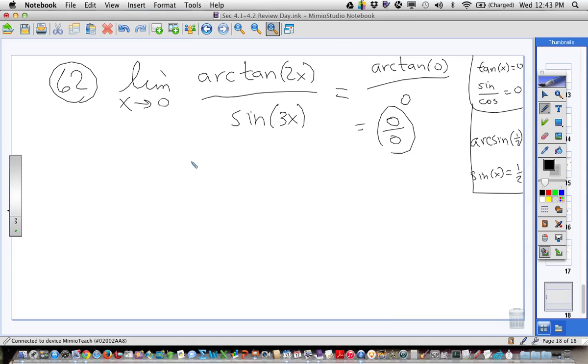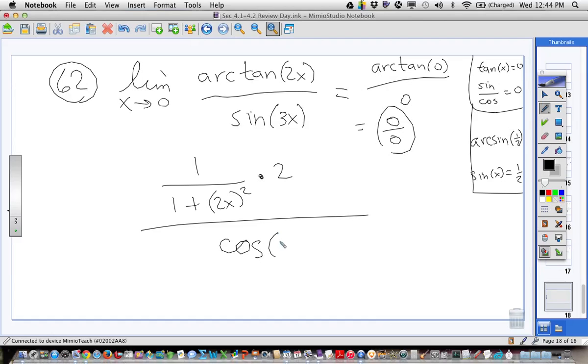So what's the derivative of arctan? It's 1 over 1 plus u squared times u prime, times the derivative of 2x, which is 2. So sneak in a little gateway practice for those of you who still have to take that. The derivative of the bottom would be cosine 3x, and then kick out a 3 times the derivative inside.